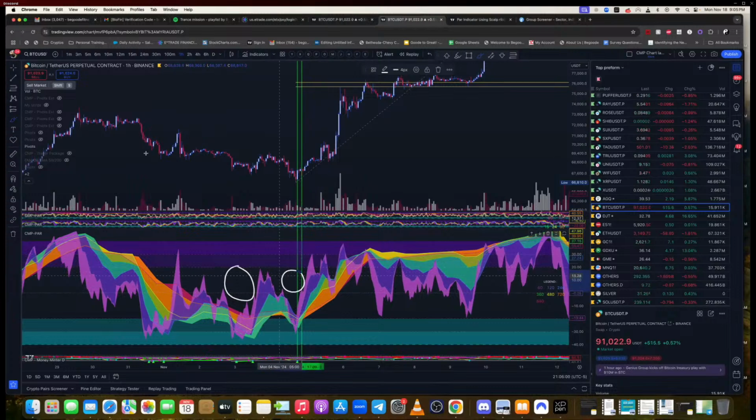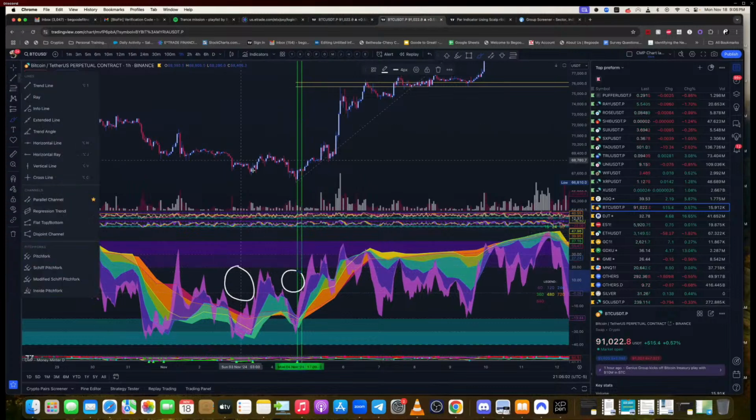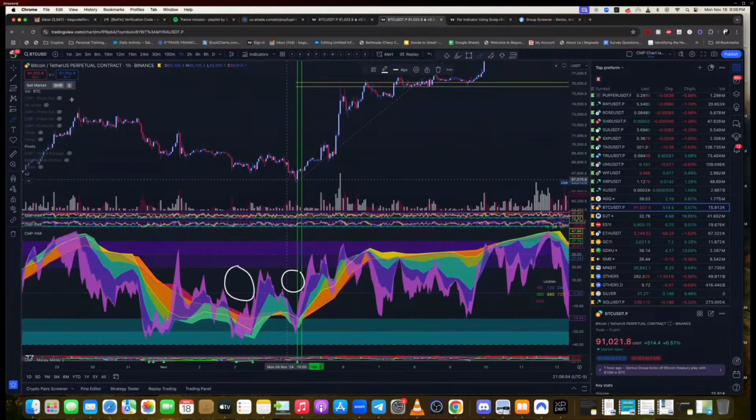Because you had price coming down. Let me grab the trend line here. So you had price coming down while the ribbon, right, you want to look at the center of the ribbon, mainly the 1 and 2 hour, because that's going to be your leader.